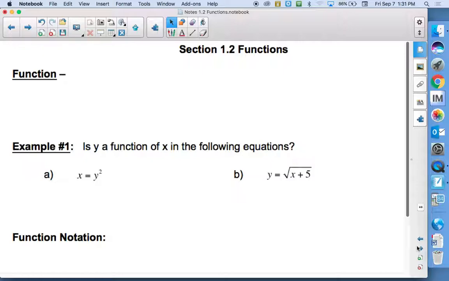Good. Brandon, what's a function? What's a definition of a function?